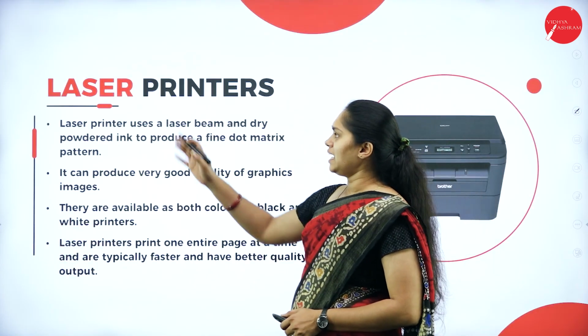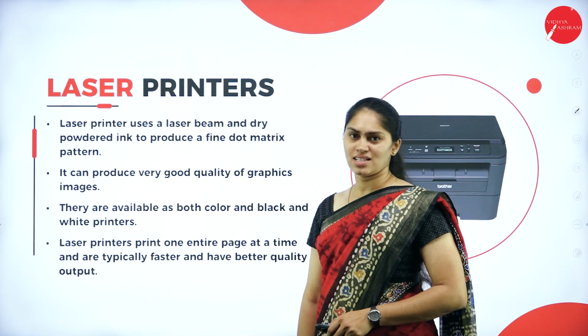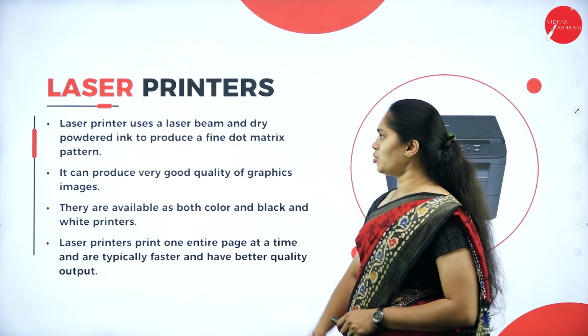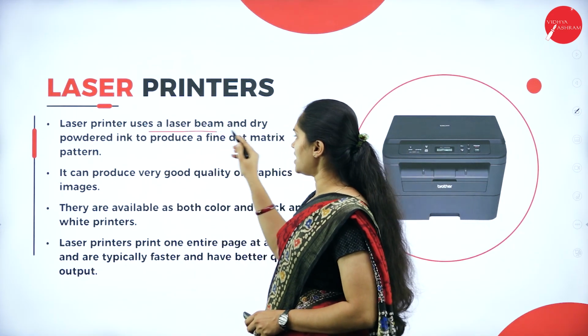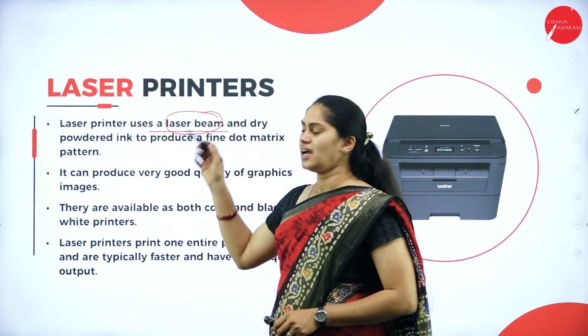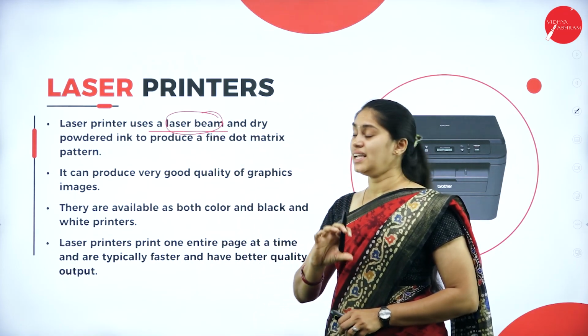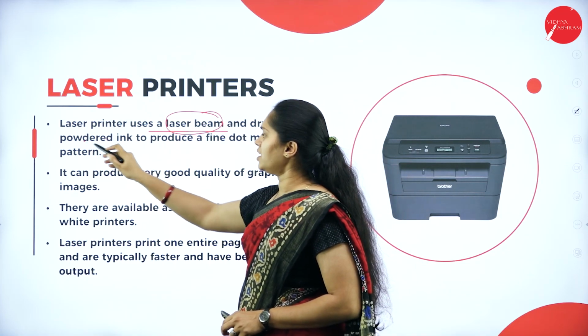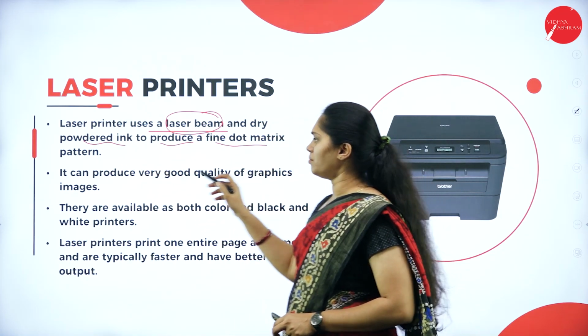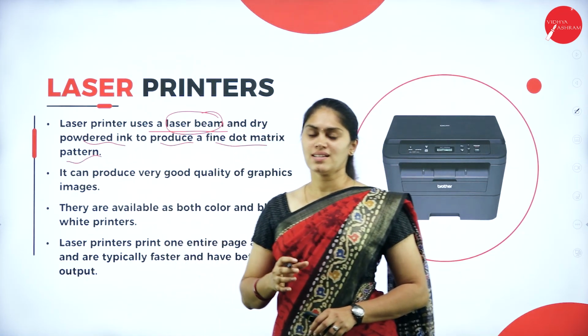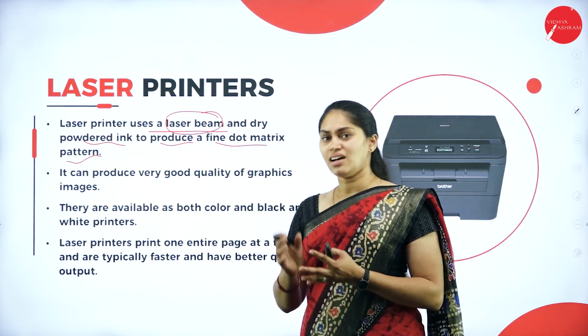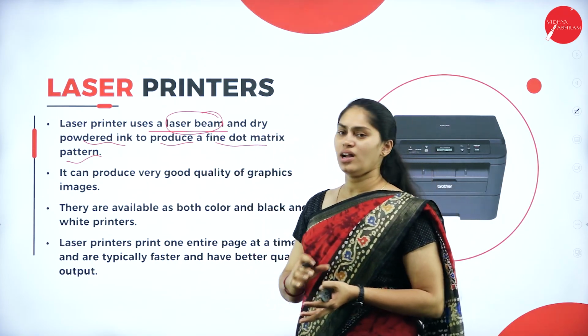And also in the non-impact printer, we have the laser printer, isn't it? We'll see about the laser printer here. It uses a laser beam. As the name indicates, a laser printer will use a laser beam and dry powdered ink to produce a fine dot matrix pattern. So this laser printer is using a laser, along with that it has a dry powdered ink.